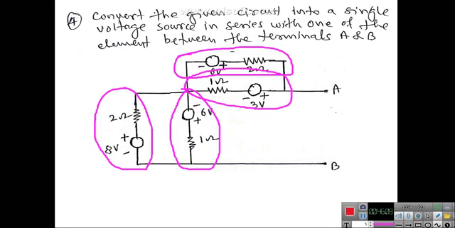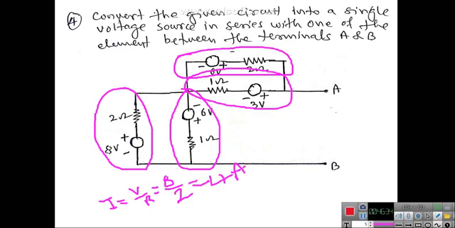What is your current source? I is equal to V by R. Suppose we consider this part, 8 divided by 2, so this value is equal to 4 ampere. So this current source is 4 ampere in parallel with the 2 ohm.